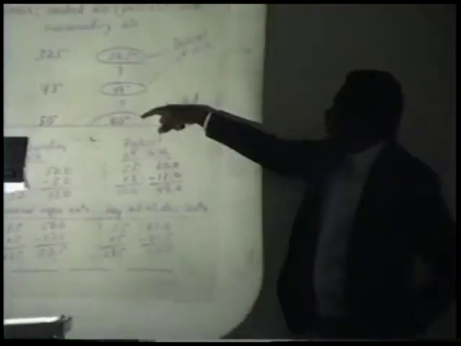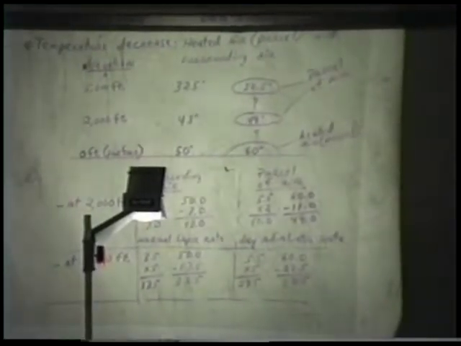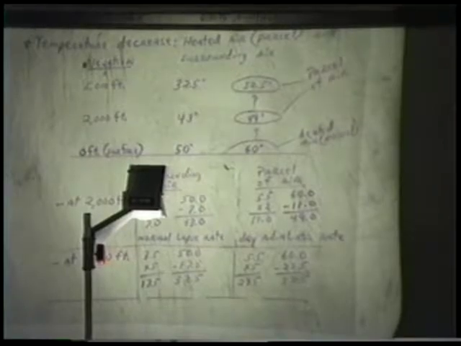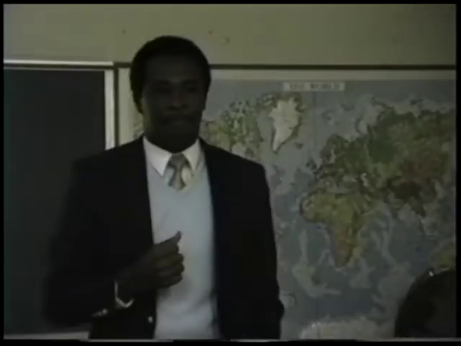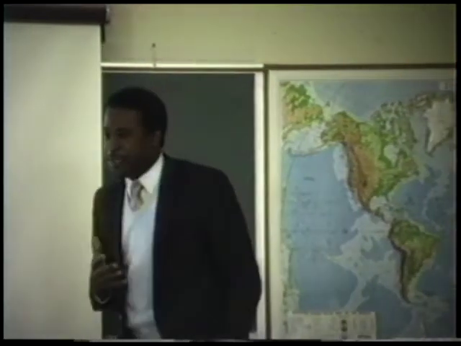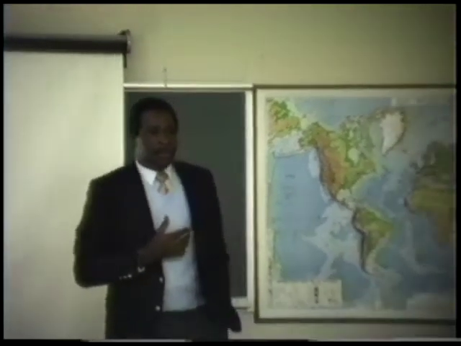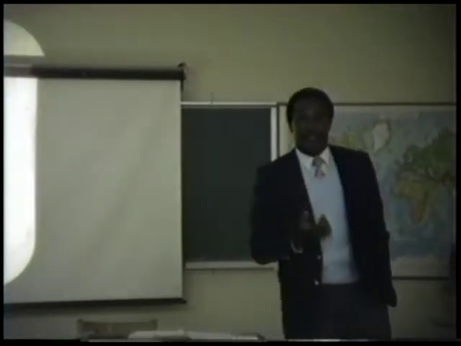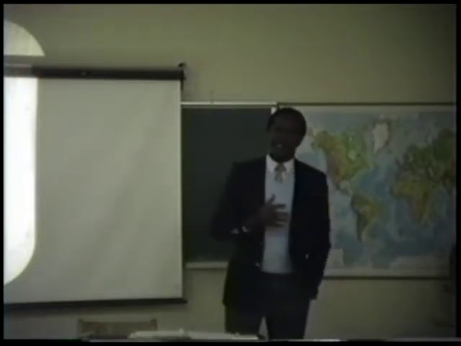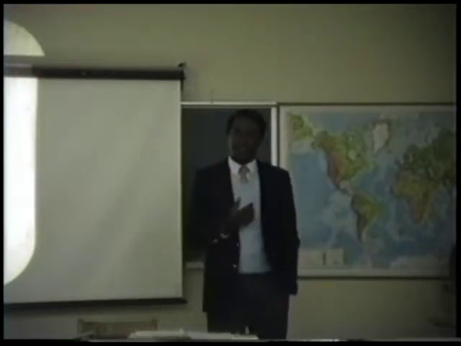Okay, now the rising air, how does that decrease with increasing elevation? Well, the difference is that the temperature of rising air decreases at a much greater rate than normal decreases in air temperature with increasing elevation.